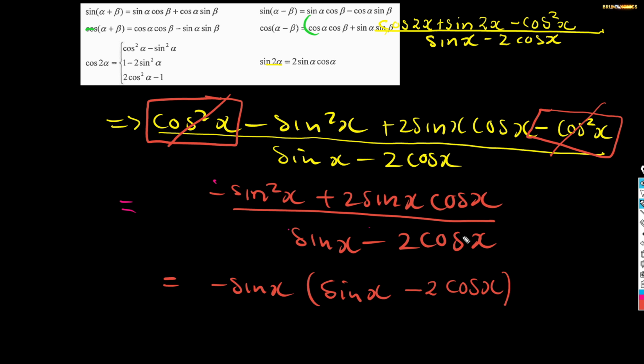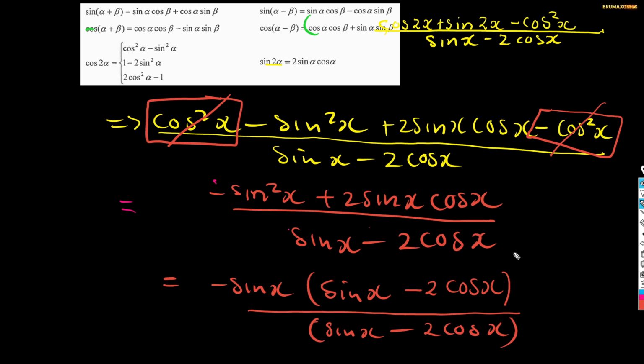And then now I'm going to do what? To divide everything by the sine x minus 2 cos x. So if you check here, you'll be able to see that we are now done with our question. So this will eliminate this, and then the answer here will be negative sine x.